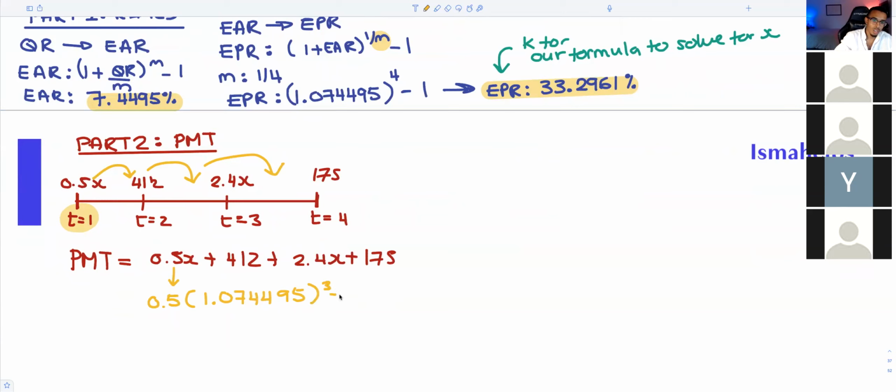And then naturally, this one here at T2 would have gotten the opportunity to compound interest for 2 periods. So it would be 412 times 1.074495 to the power of 2.